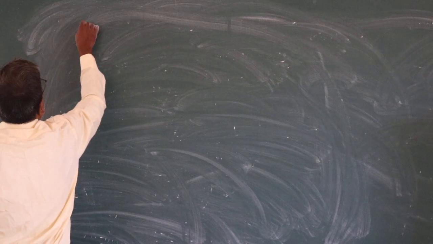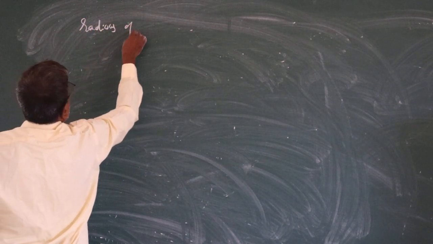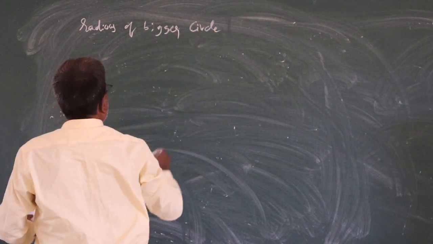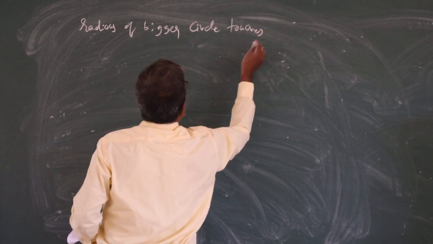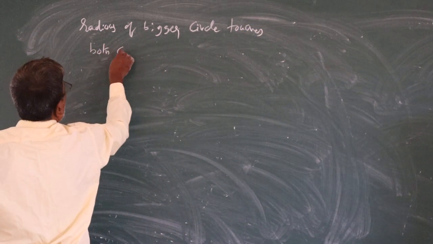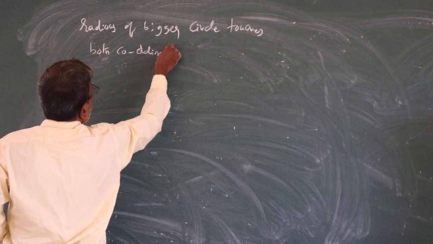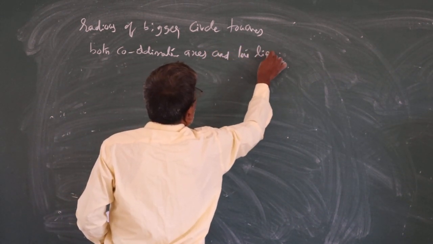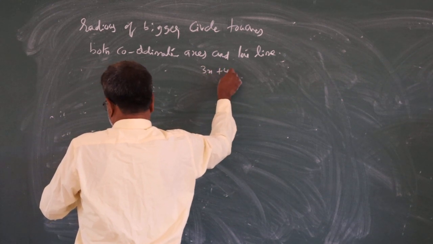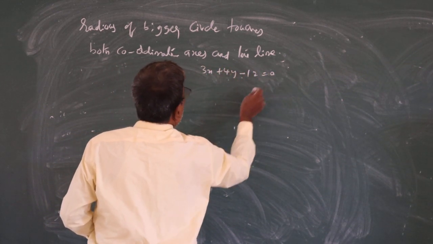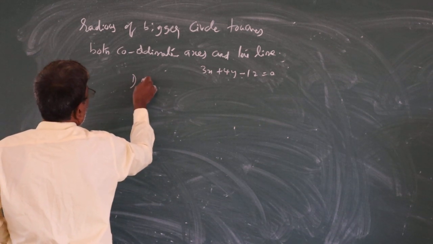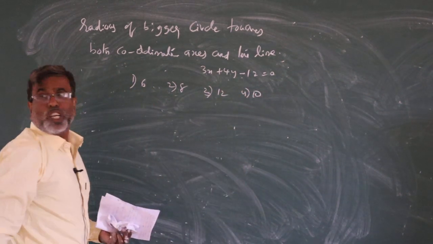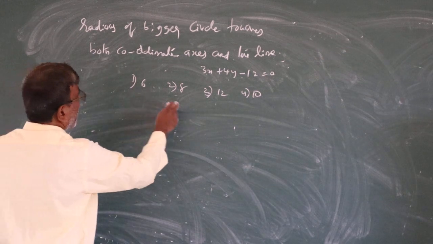This is also asking for the radius of the bigger circle that touches both coordinate axes and the line 3x + 4y - 12 = 0. The options are given as 6, 8, 12 and 10.